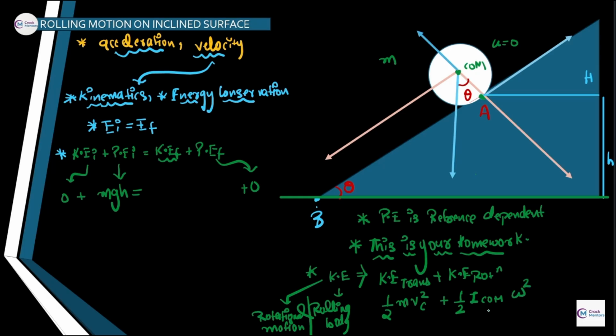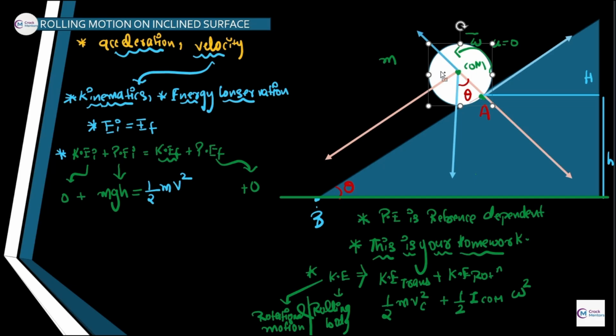I am assuming that afterwards, when it reaches the point B, it is moving with some omega. So half m vc square plus half ICOM omega square. Let me copy this one for better understanding.